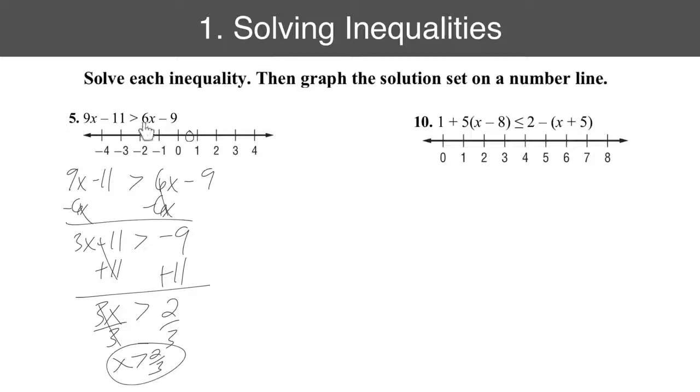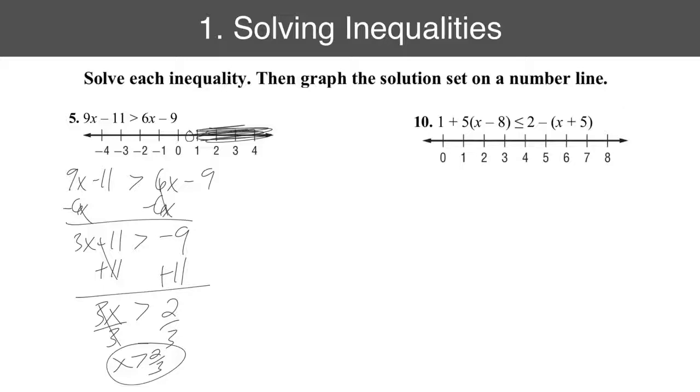If I pick the left side and I look at negative 2 over here, well, is negative 2 greater than 2/3? No, it's not. So we must have to shade to the right. You can always check yourself very easily by looking at the numbers you shade over and see if they're true. So is 3 greater than 2/3? Yeah, it is. So that's an easy way to check yourself.